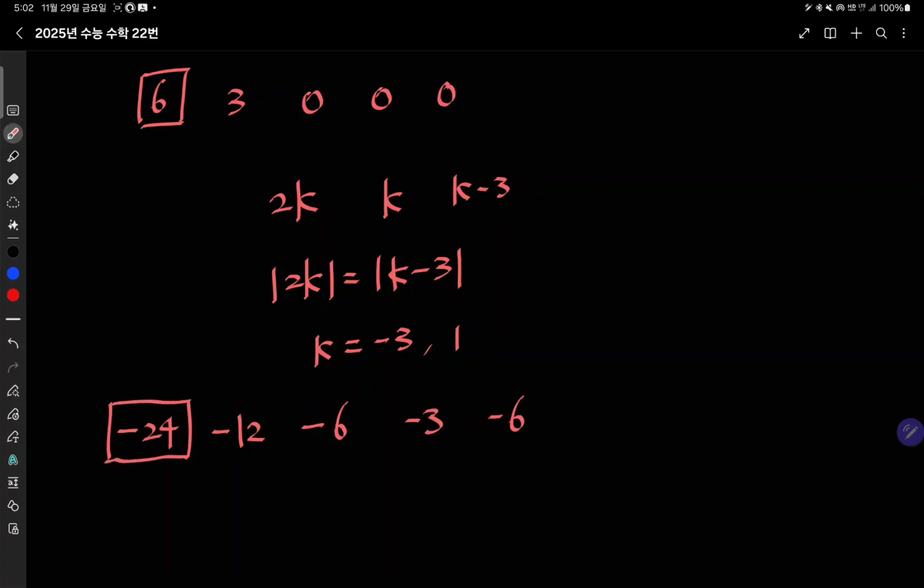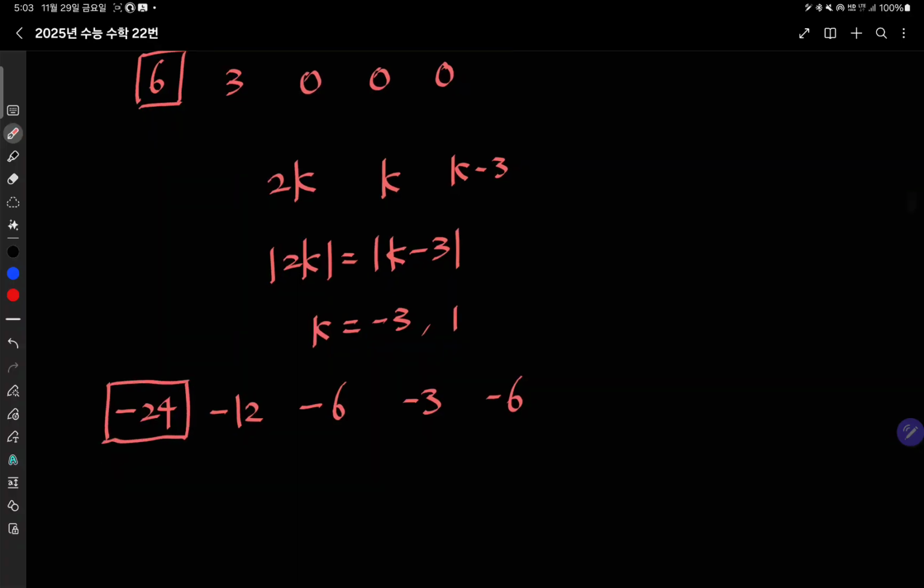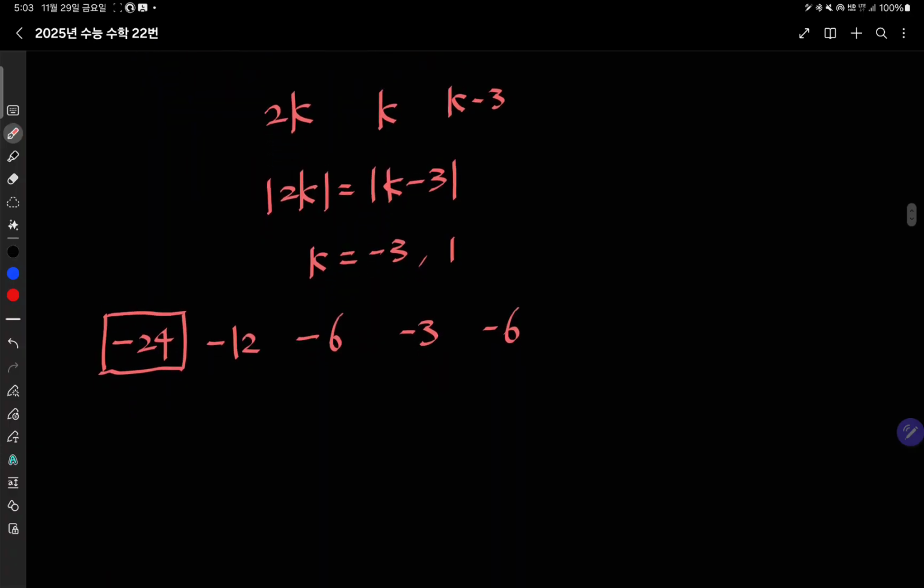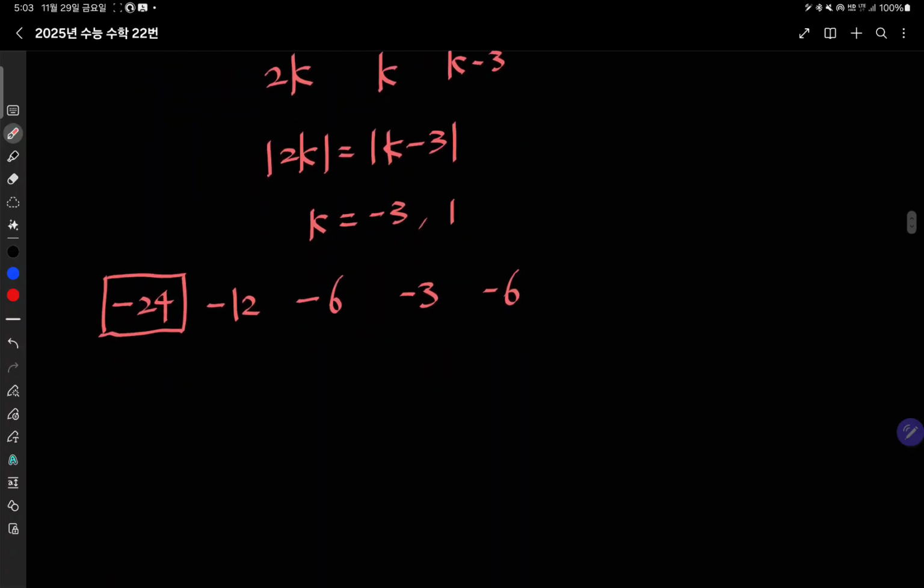So minus 24 is also a possible value of the first term. Or if the first term is odd in this case, the first term will be minus 9.